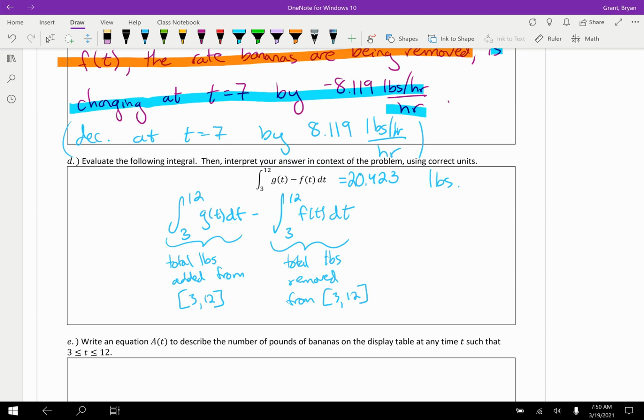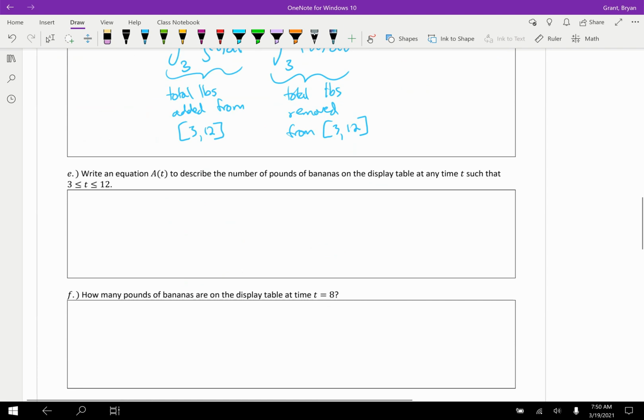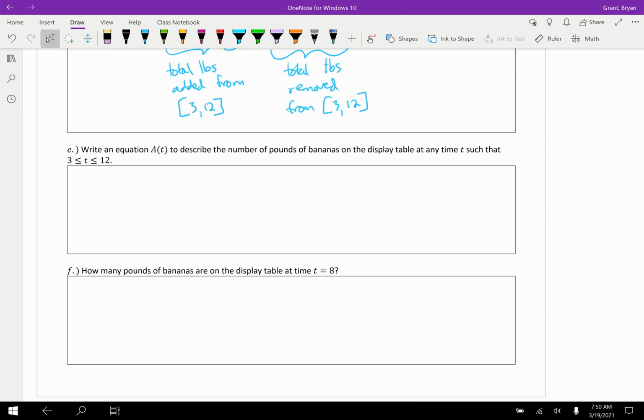We're moving on. Part E. Write an equation to describe the total number of pounds of bananas on the display table at any time t such that t is between 3 and 12. All right, this one's going to be a little bit trickier, I think. Whenever we write a total amount, need to take into account 3 things.